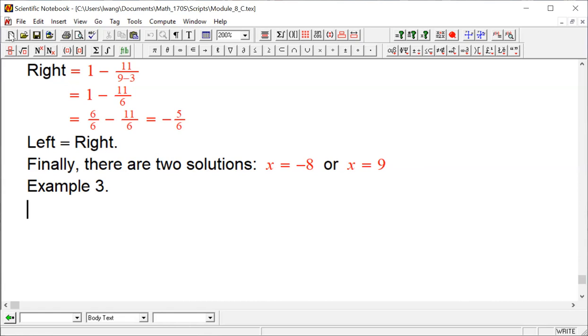The equation we have is 3 over x plus 3 over x plus 12 over x squared minus 4x equals negative 7 over x minus 4.